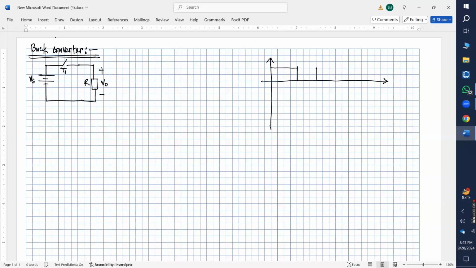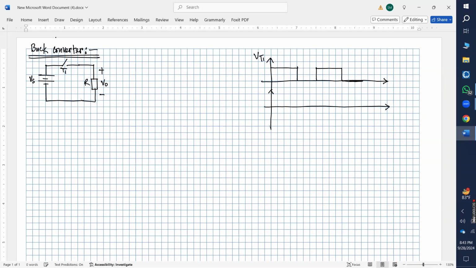Then again we are giving pulses like this, and it will be off for this period. We are just considering two pulse periods. That is my VT1.